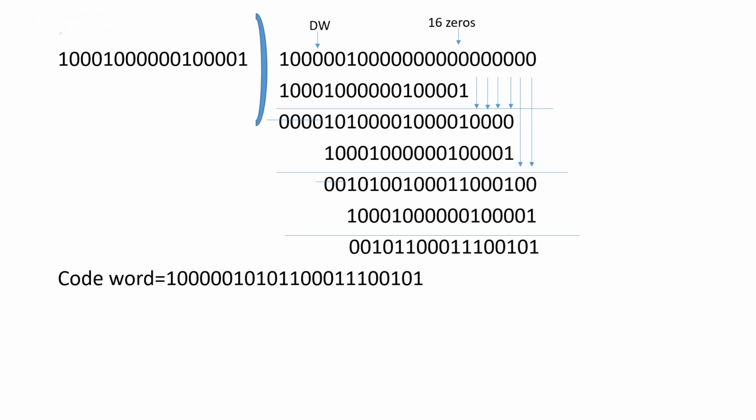Next, I do the XOR operation with the same calculation, strike out these two zeros, and carry the rest. Finally, whatever we get here is the remainder, that is the 16-bit CRC.